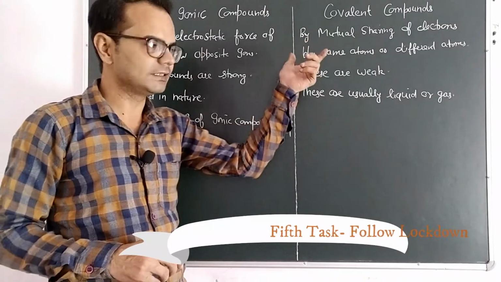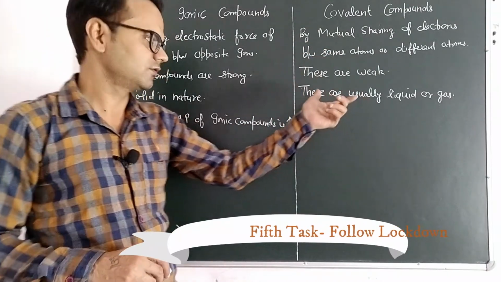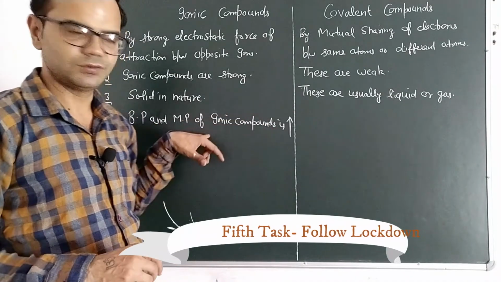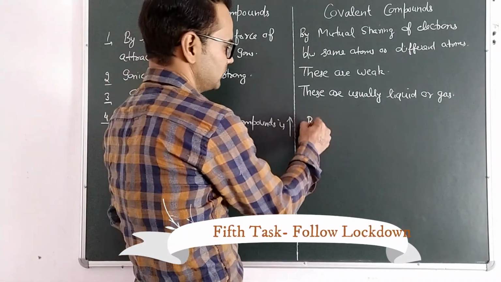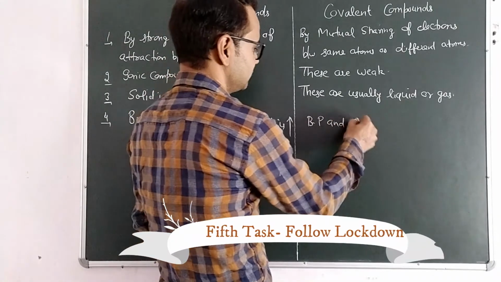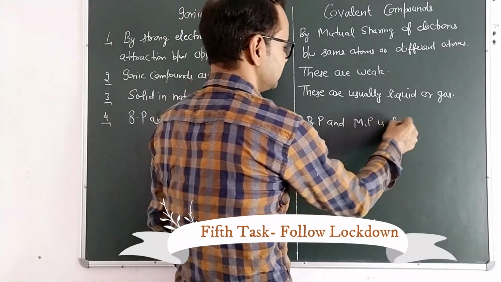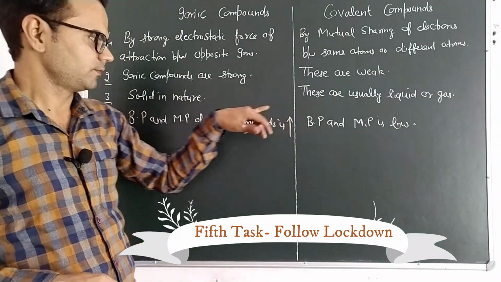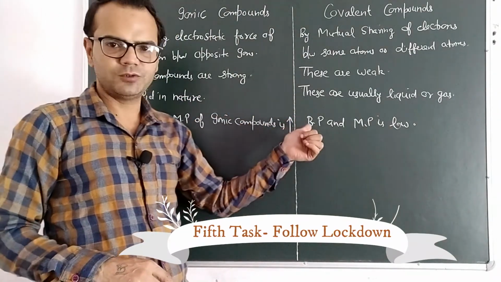Opposite of it, covalent compounds are loosely packed, so their boiling point and melting point is lower as compared to ionic compounds. Boiling point and melting point is low.